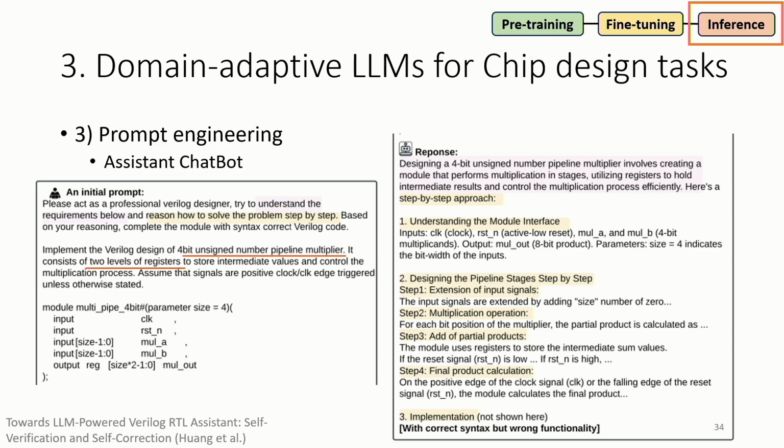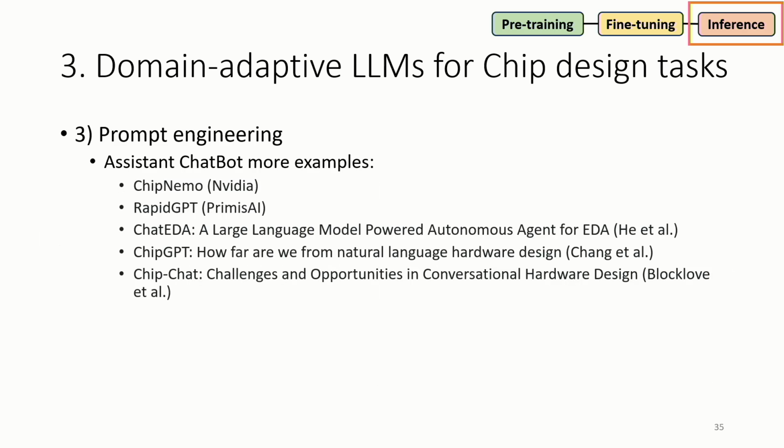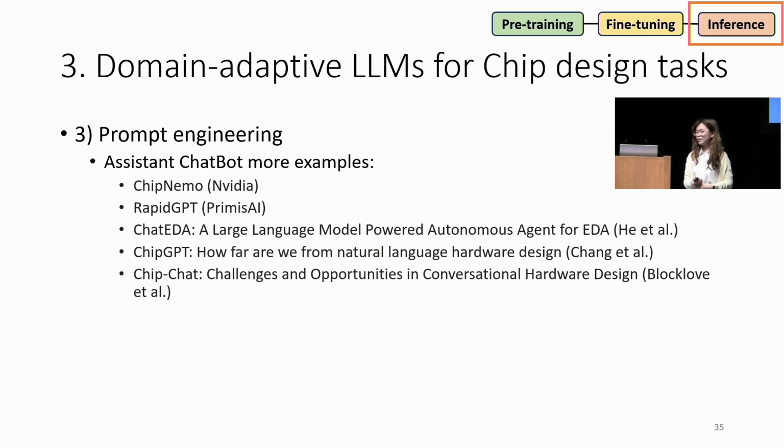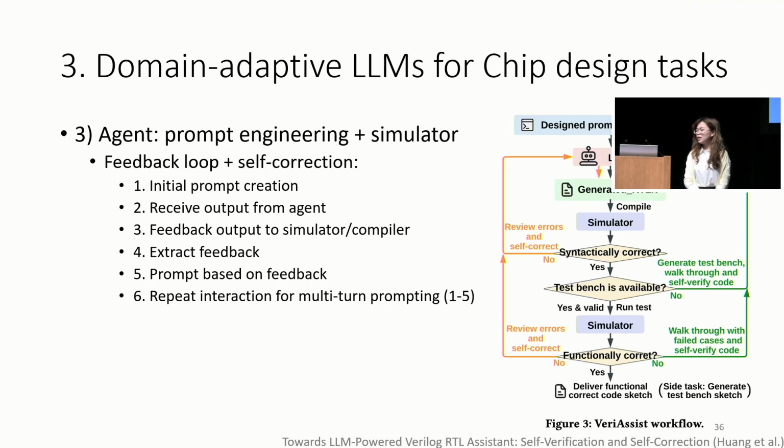I didn't show the real generated code here, but basically, for this design, prompt engineering can improve the inference ability and trigger the domain parts of the LLM. More examples, I will not go into detail here.